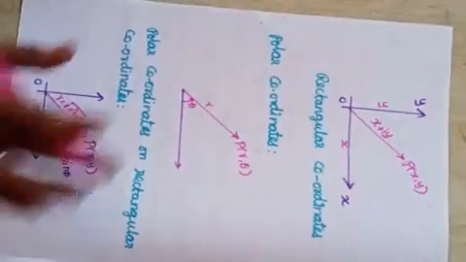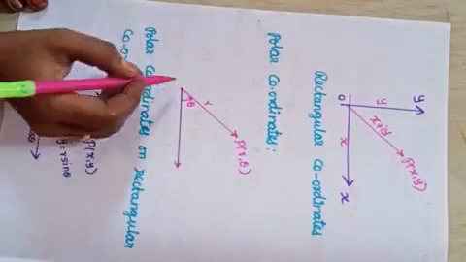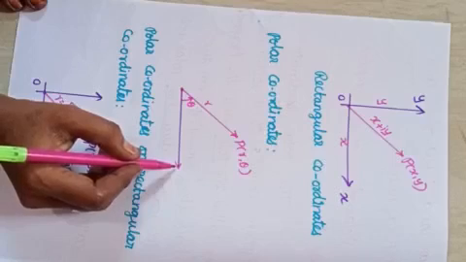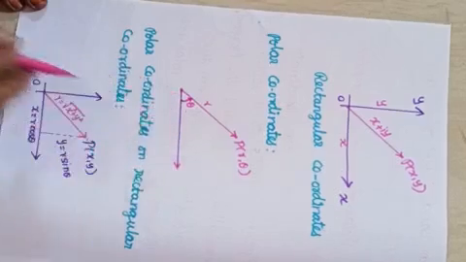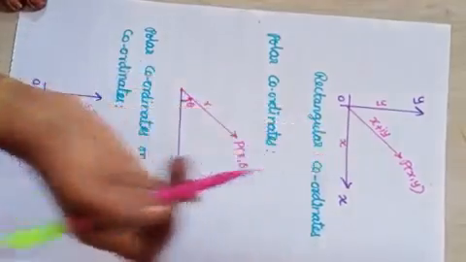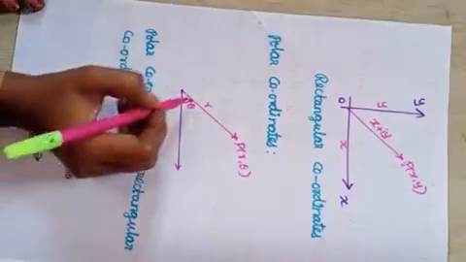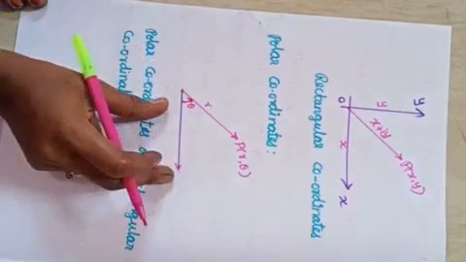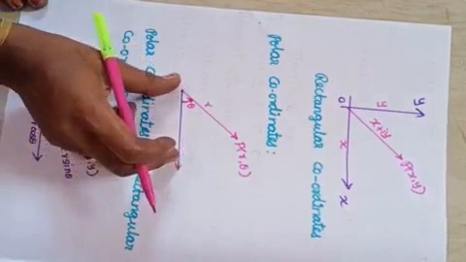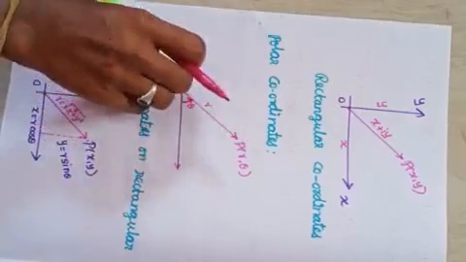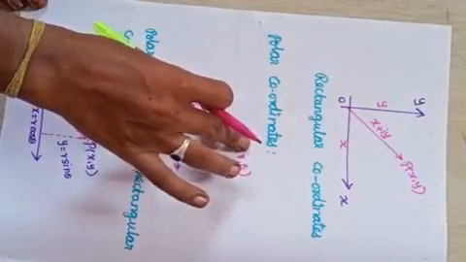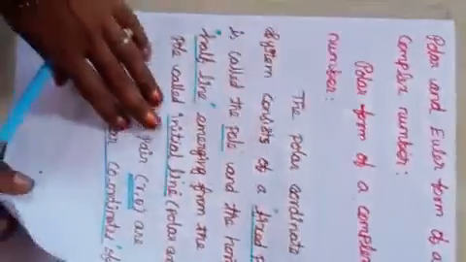Now see polar coordinates. The difference between rectangular coordinates and polar coordinates is only the angle. Here on the x-axis, the half line emerging from the pole is called a fixed line or initial line.